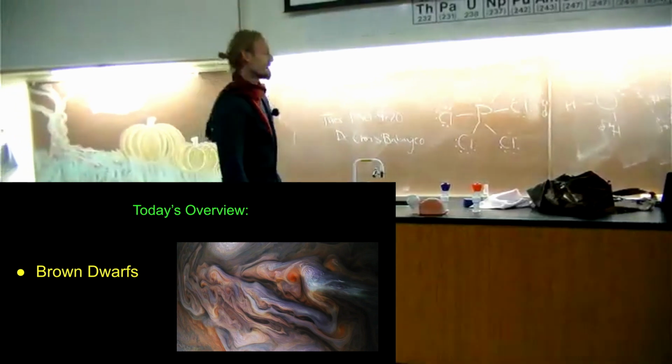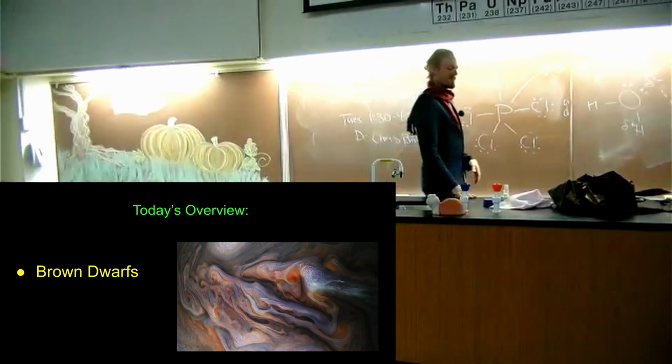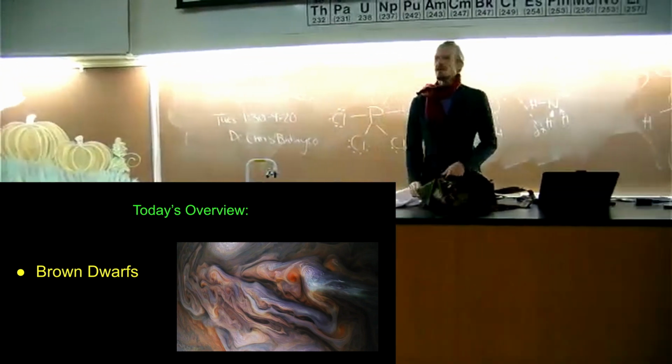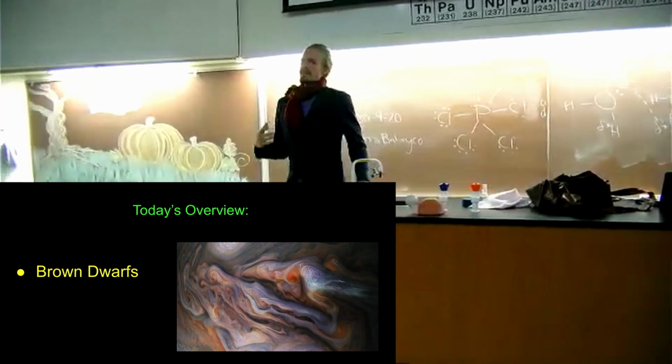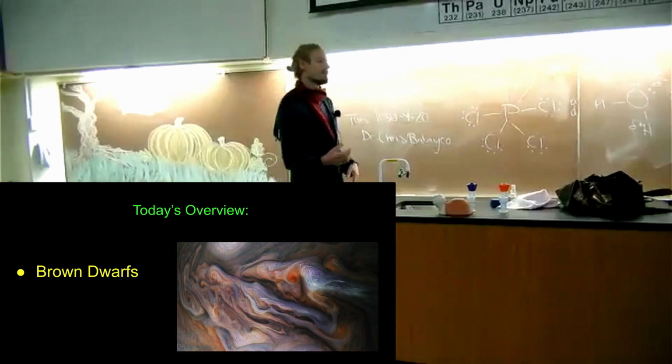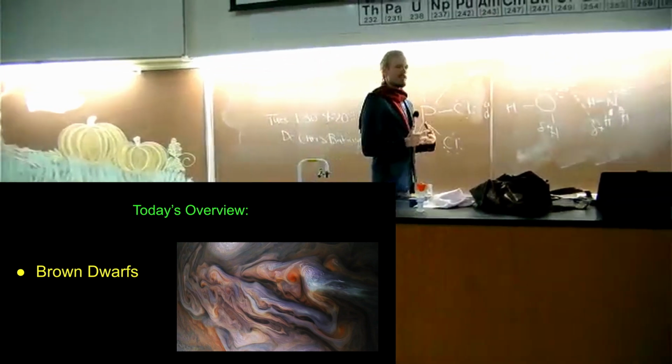They're very, very interesting because brown dwarfs are a broader class of bodies that are slightly bigger than Jupiter, but they're not big enough to be stars.